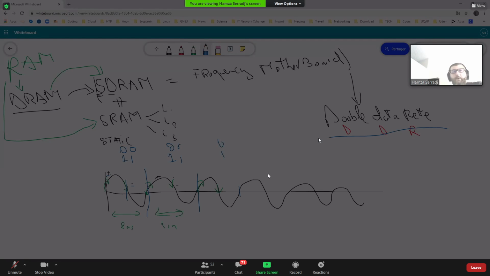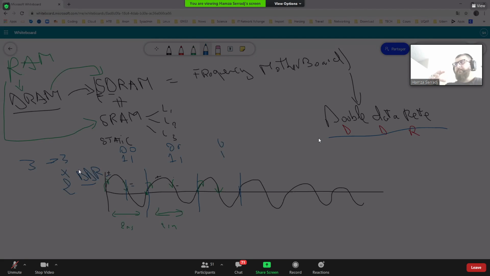If I had, for example, 3 cycles, before I had three cycles with 3 instructions. Now, using the 2 edges of each cycle, I'm doubling the data rate, because in one cycle now I have 2. This is where the name double data rate comes from. Before, with SDRAM, in each cycle we had an instruction.